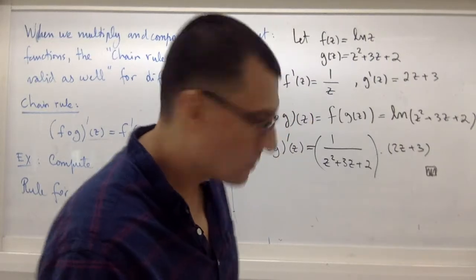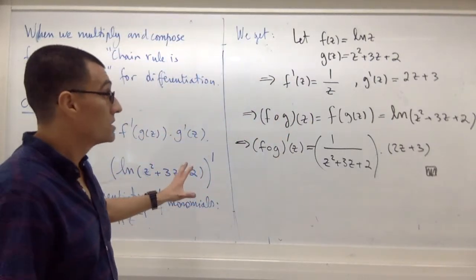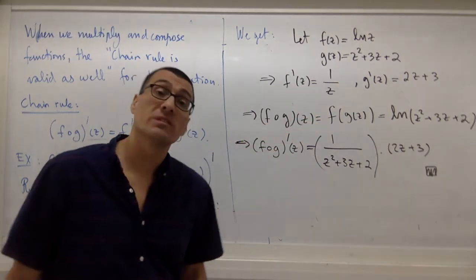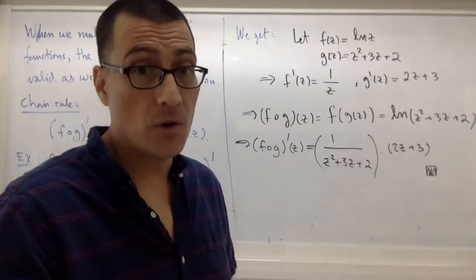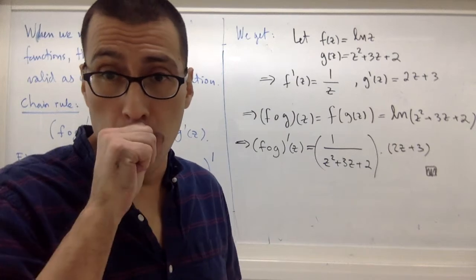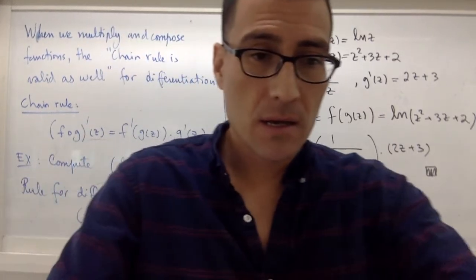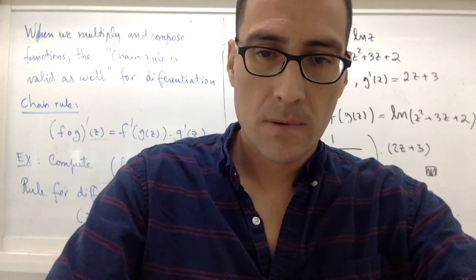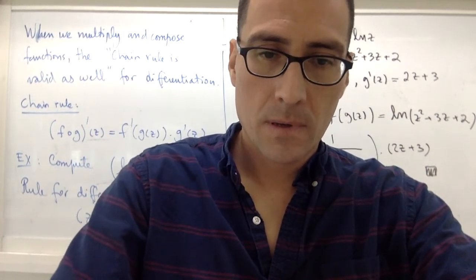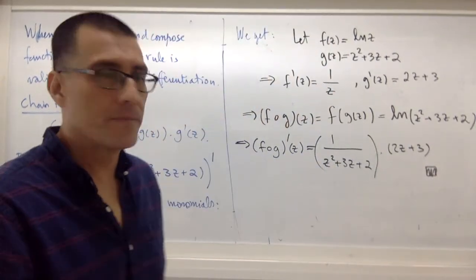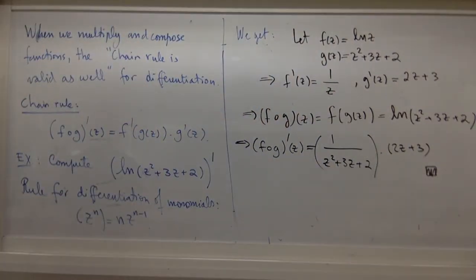Okay, so what I'm saying is you don't need to formulate the whole thing in terms of composite functions and stuff. If you know how to do that, you just do it. That's what I would have done here.